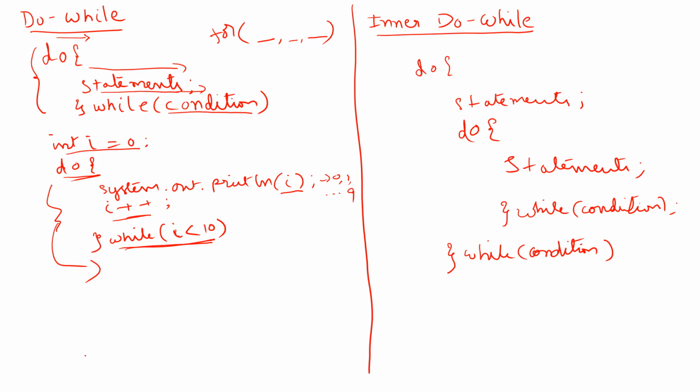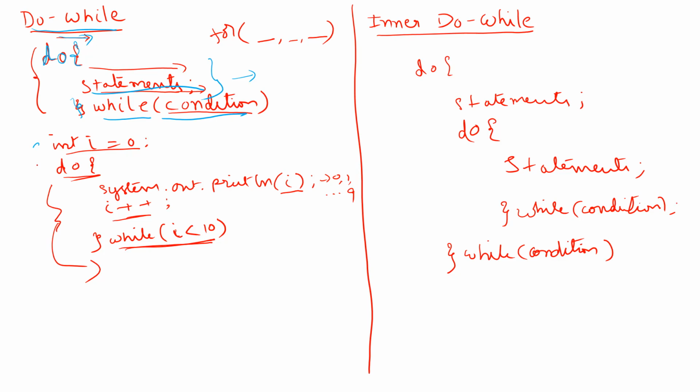Let us see this one more time. In a normal do while loop, the structure is we will have the word do here, and then in the curly braces we will write the statements, and then we will have a while, and then the condition goes here. Normally we will initialize the variable before this one, and within these curly braces we will increment that one.